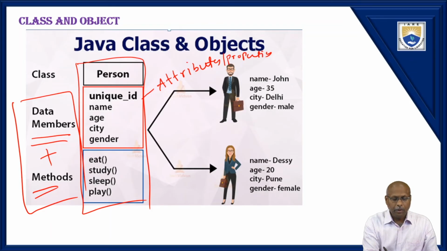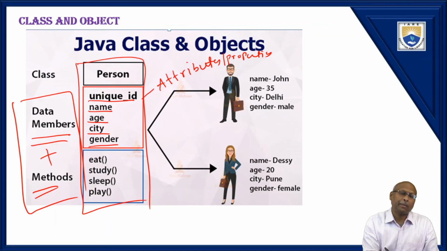For example, for a person, there is a unique ID. Your Aadhaar ID is a unique ID, or a PAN number is a unique number. Name, age, city, gender are all person related items.